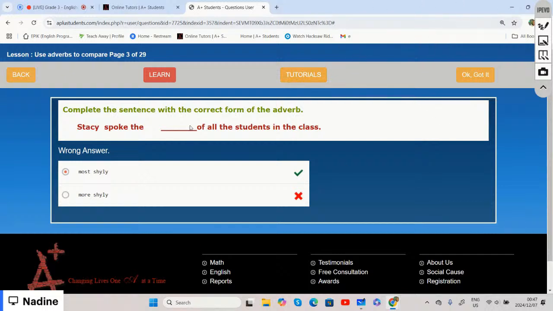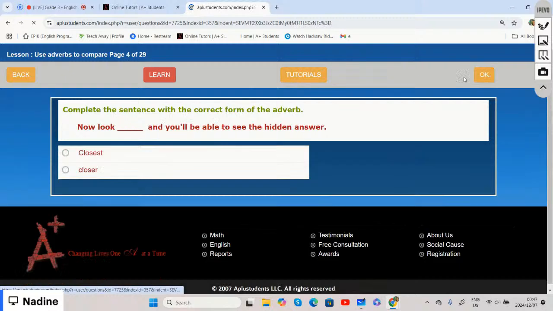All right. Because we are comparing it to two or more students. Sorry, I did not check that one. If we are comparing it to more than two people, then it means that we're adding most to our word.